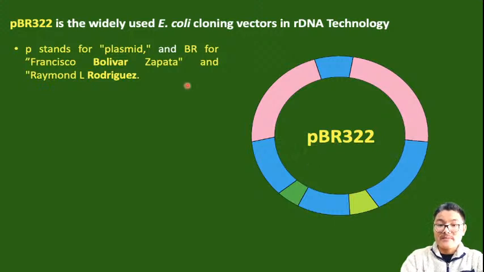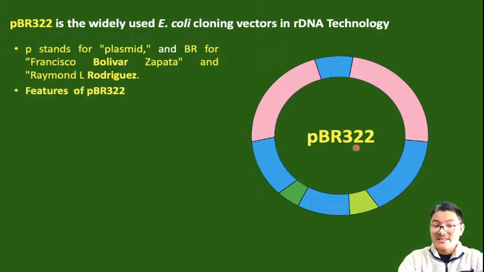P stands for plasmid and B stands for Bolivar. The entire name is Francisco Bolivar Zapata, and the R refers to Raymond L. Rodriguez. And 322 is just a number given whenever we are constructing or genetically engineering a vector.